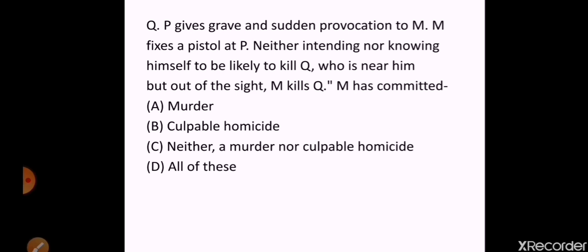So yes, the correct answer is obviously B, but I will again say that in these questions and illustrations, I have to remember which falls under murder or culpable homicide, because these are very confusing, and in the examination all these questions will directly come and the options make you confused. So it is the question based on illustration B of exception 1 of section 300.